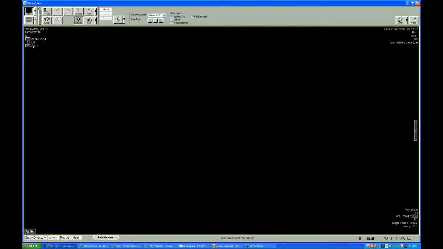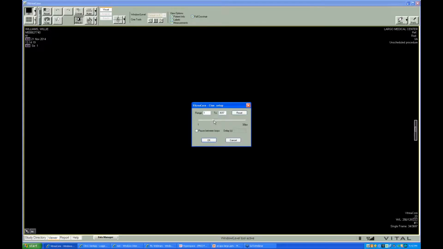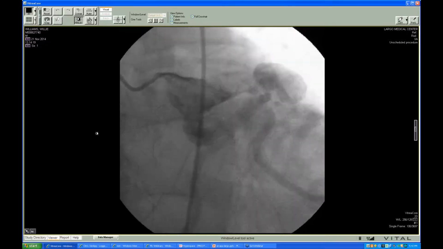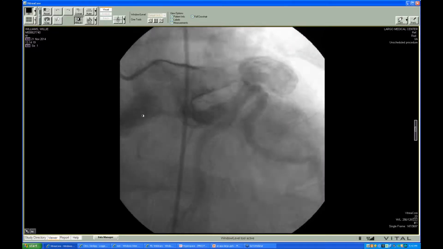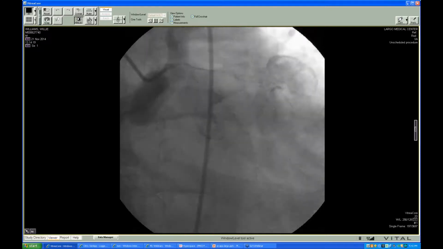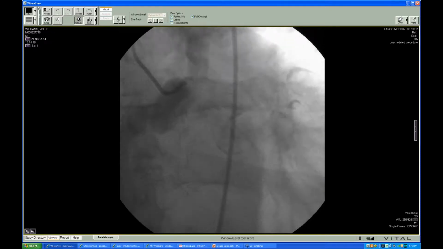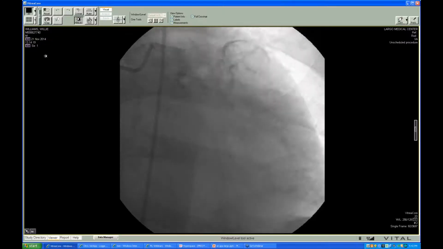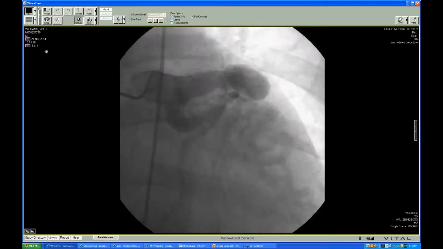And I'm sorry, these images load slow. Okay. This was the first shot. It's automatically going.